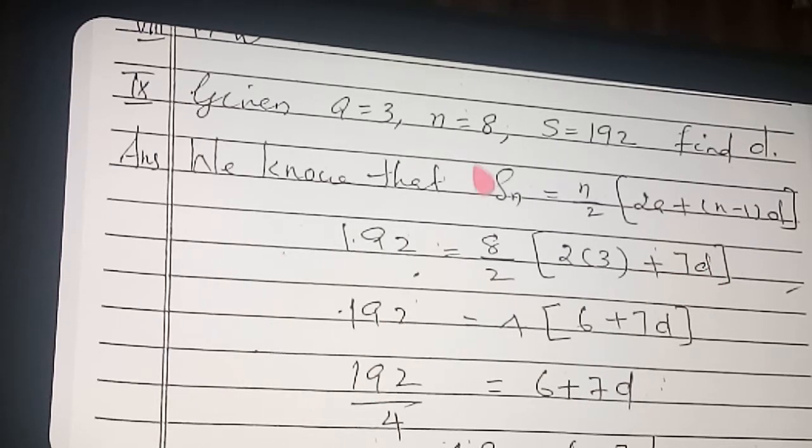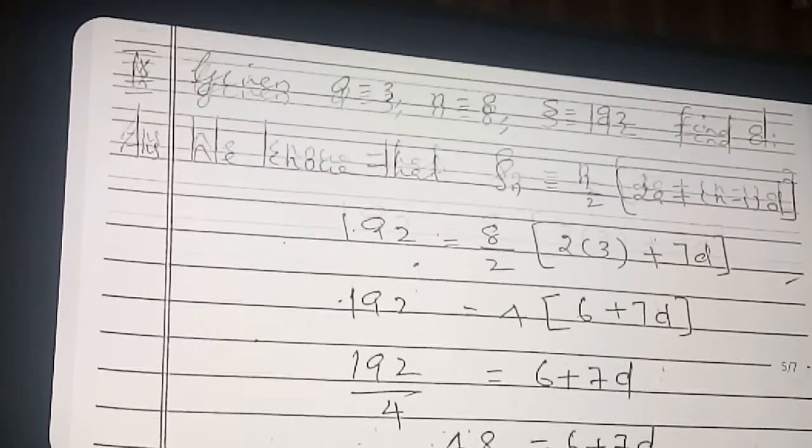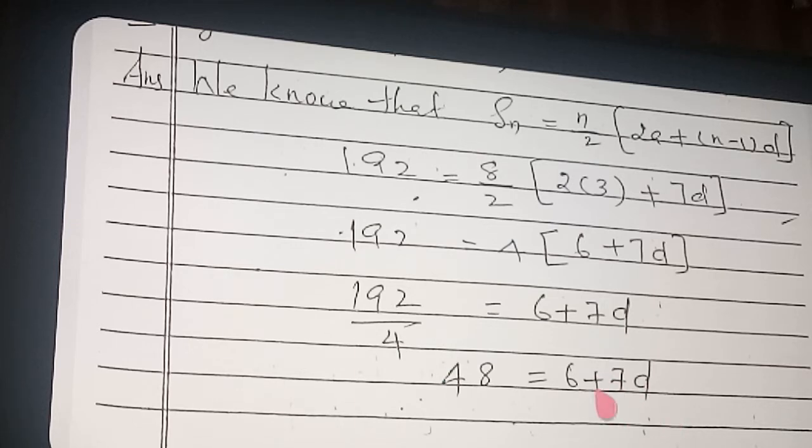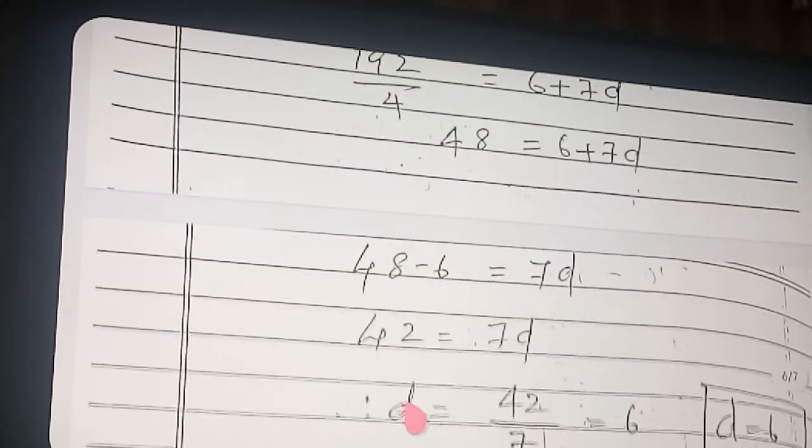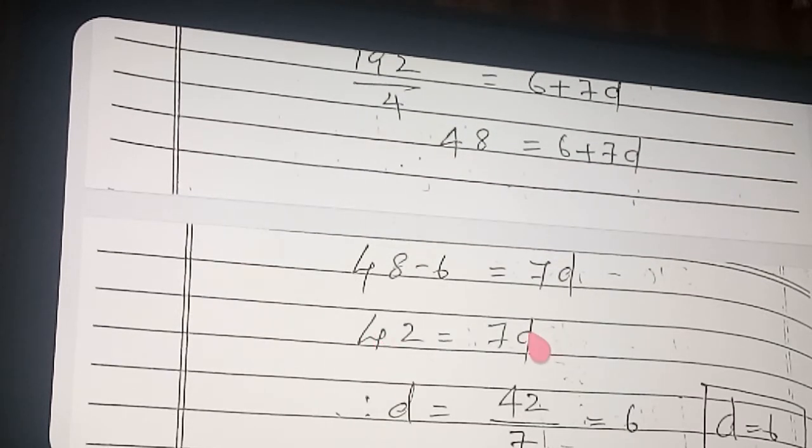So 192 is equal to 8 by 2 into 6 plus 7d. Dividing 192 by 4, 48 will come, equal to 6 plus 7d. So what do you want to find out? d. Therefore 48 minus 6, how much is coming? 42 is equal to 7d. Therefore what is the value of d? 42 by 7, that means 6. The value of d is 6.